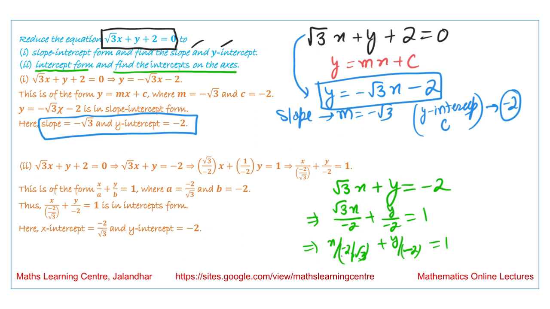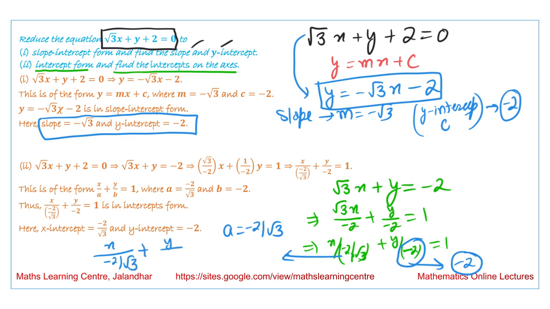So the x intercept we obtain is minus 2 by root 3, and the y intercept we obtain is minus 2, and we are writing x by minus 2 by root 3 plus y by minus 2 is equal to 1. This is the form of the equation that we are saying is the intercept form.